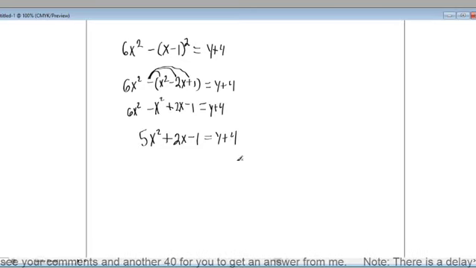And now everything is simplified, but again I need to get my x's and y's to one side, my constants to the other. So I'm going to need to take this 1 away from here. It's not an x, it's not a y, it's just a 1. So I'll add 1.